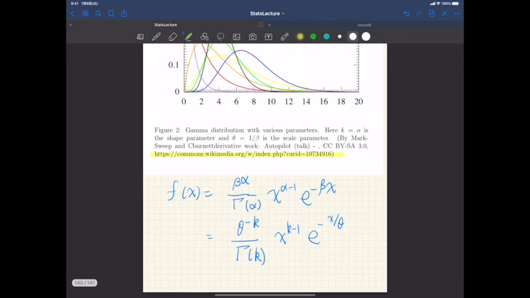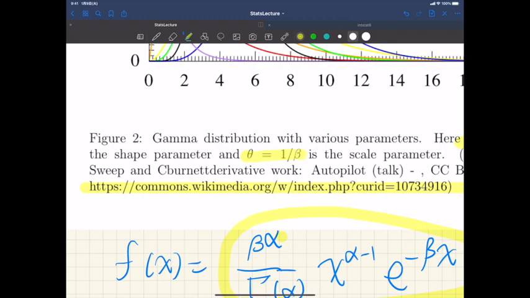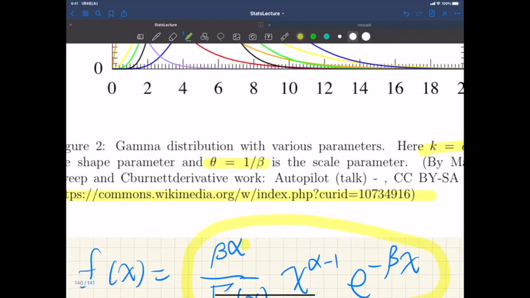and the density function of the gamma distribution is this, as I have defined right now, but it can also often be expressed as this. Instead of alpha and beta, we can use theta and k. Actually, this k is the same as alpha, but theta is the inverse of beta.